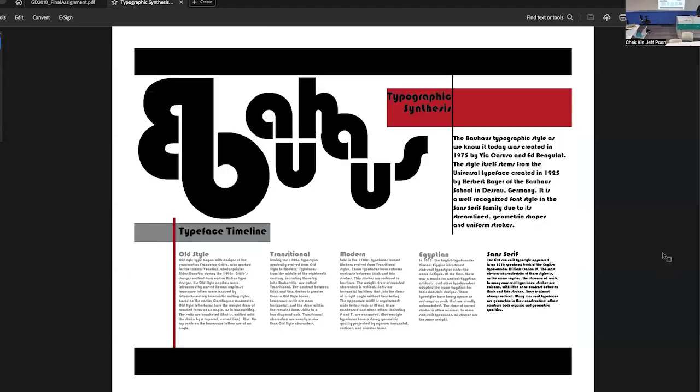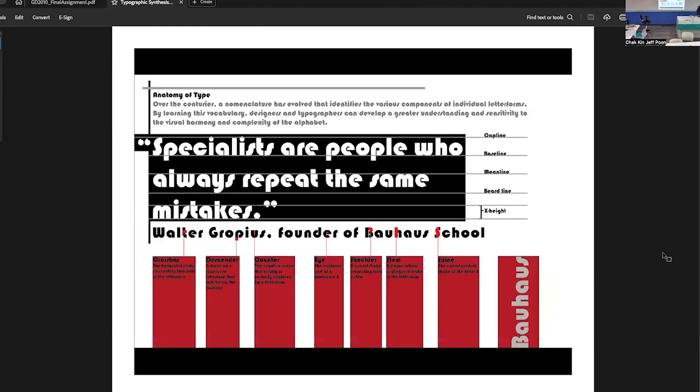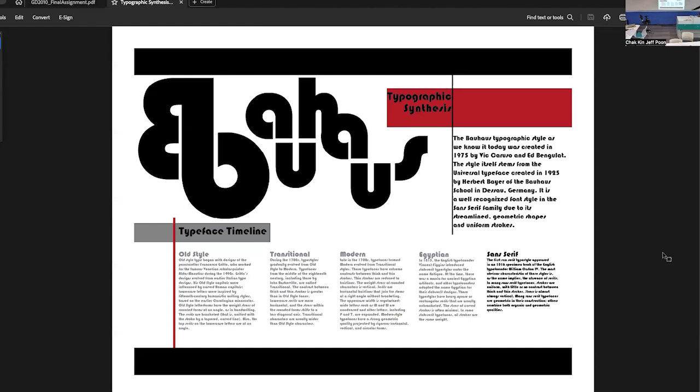Another one people love to do is Bauhaus. So what does Bauhaus belong to? Look at the other one. It's a really lovely, really interesting design. Let's look at the first page first. What does Bauhaus belong to? I guess people loved the Bauhaus idea, even for type.